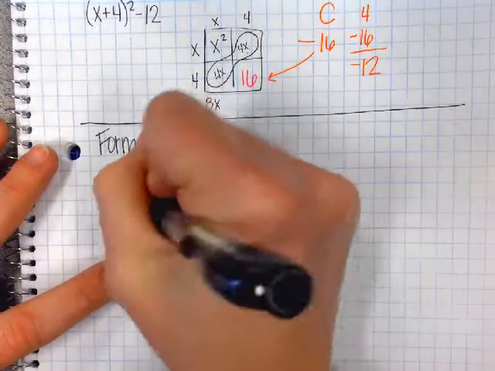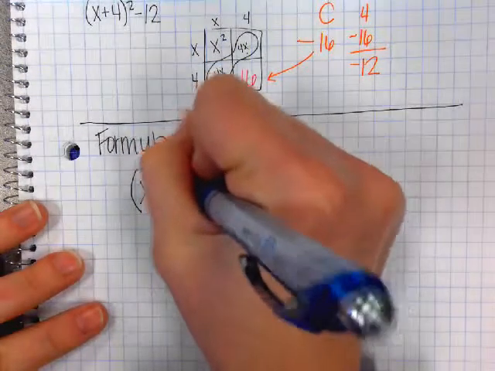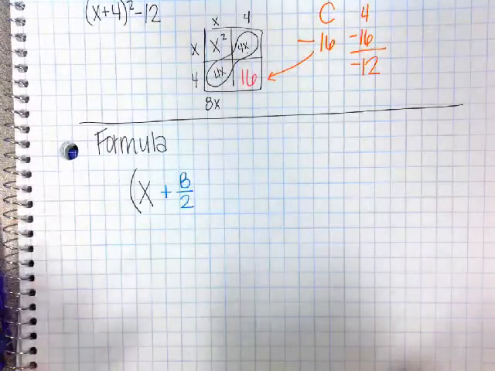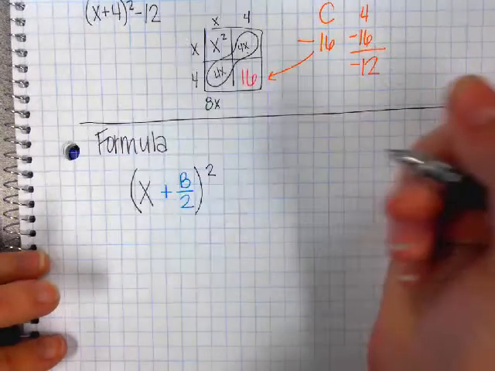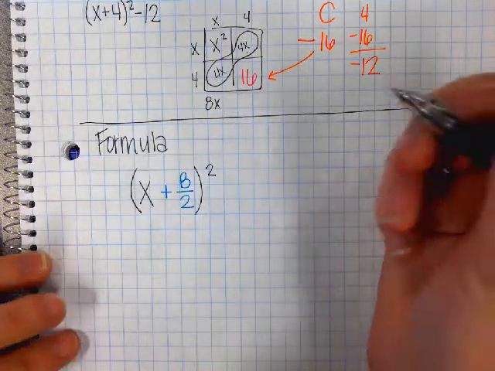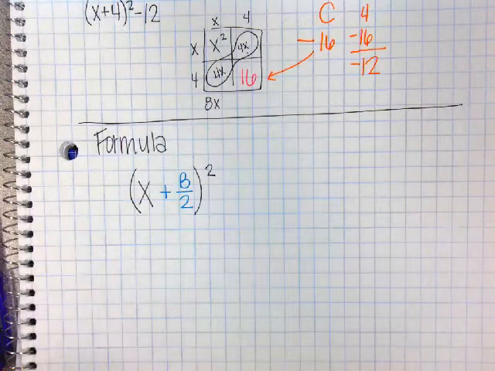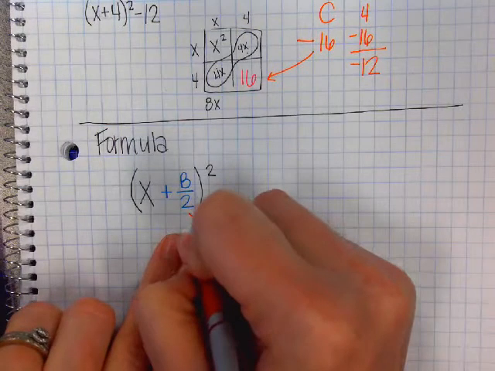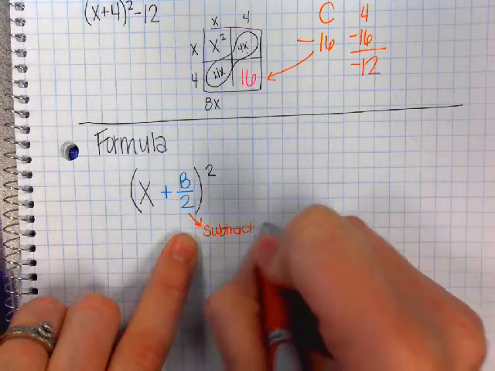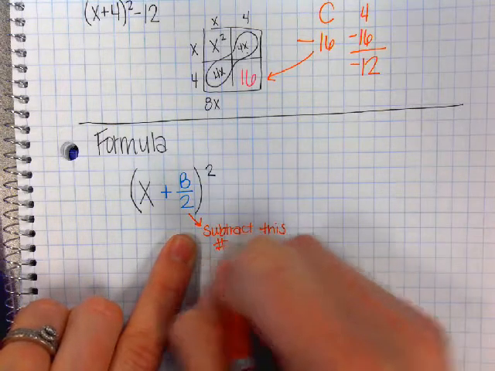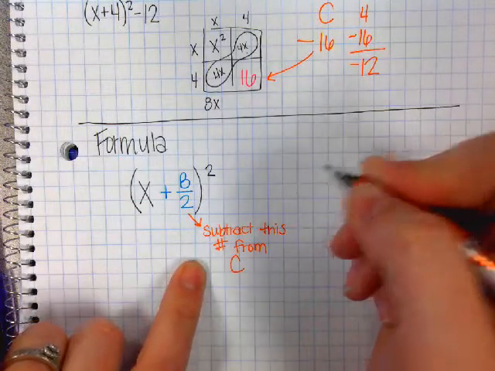So you're going to always have your parentheses, x, plus b divided by 2, squared, and then for here you subtract this number from C.